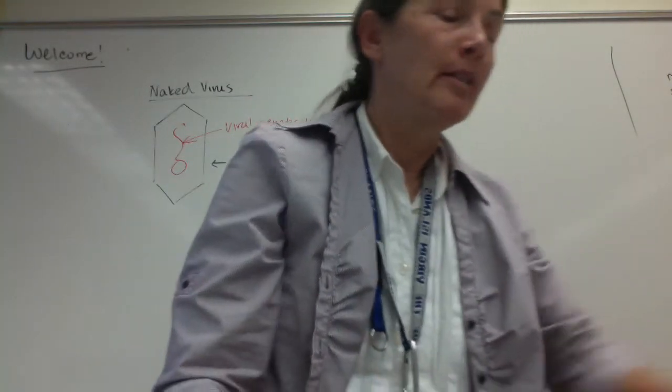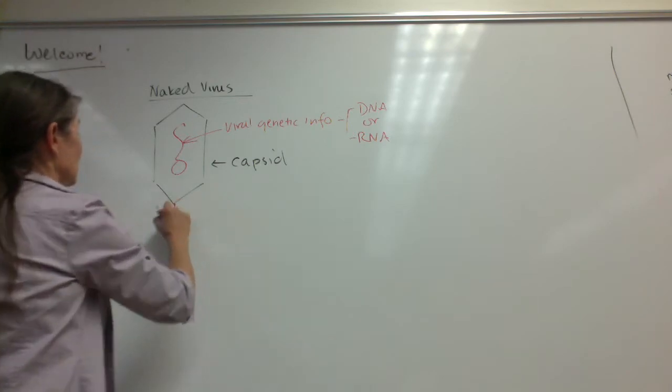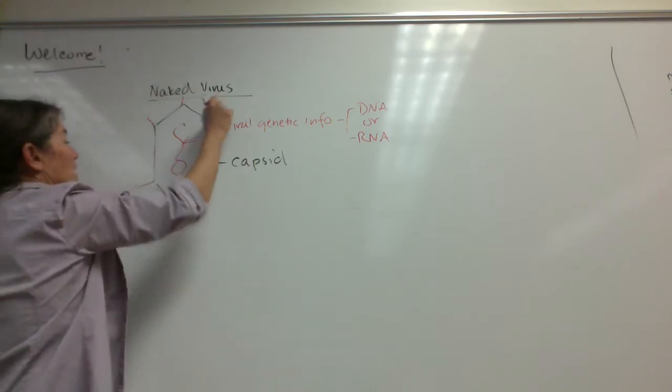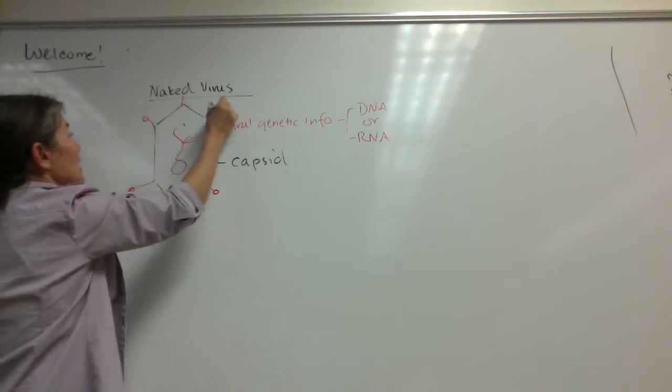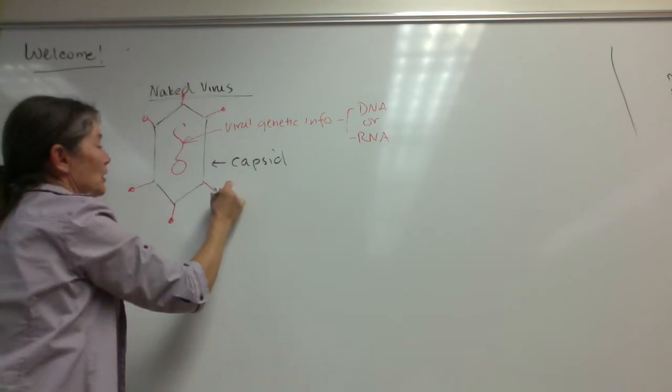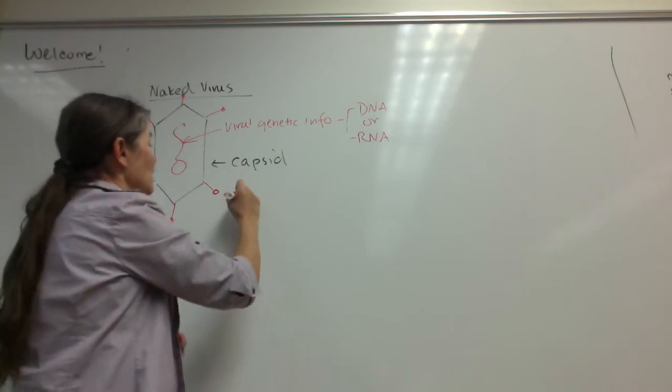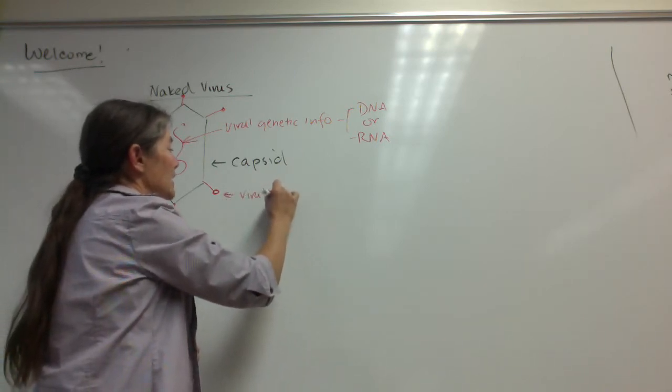So for viruses to bind to their host cell and be able to infect it, they have to have on their outermost layer special proteins. And in this particular virus, we're going to show them almost like lollipops. These are going to be the viral adhesins.